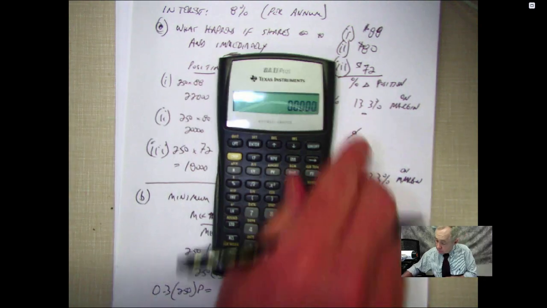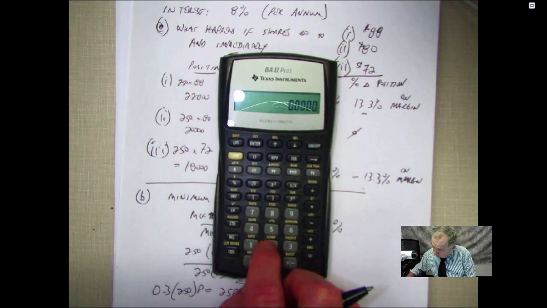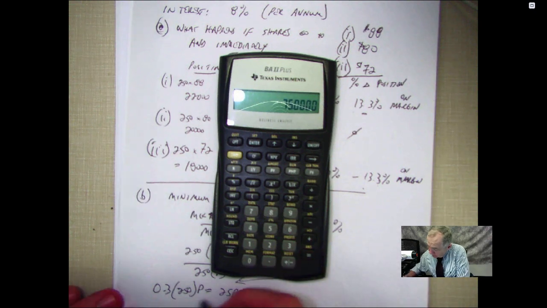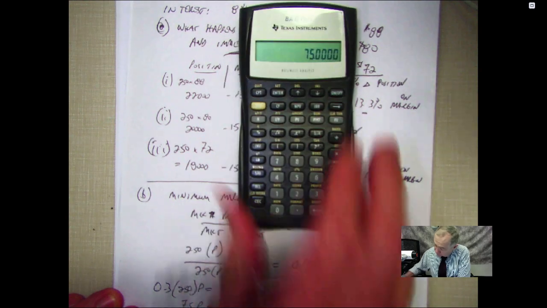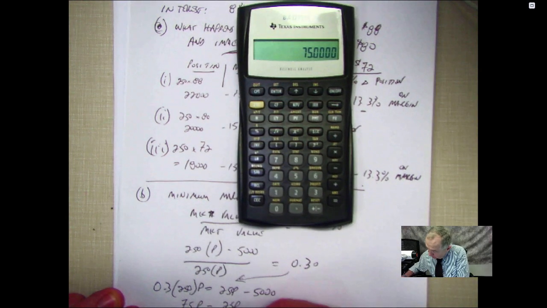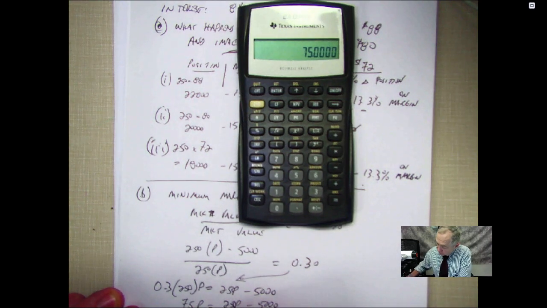And so 75P equals 250P minus 5,000. We'll just rearrange.